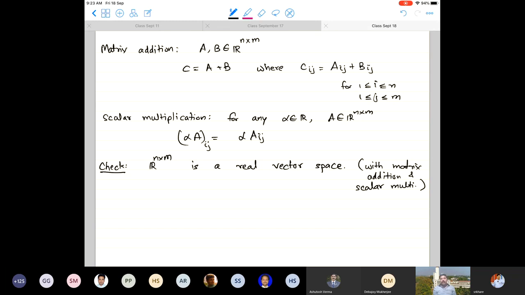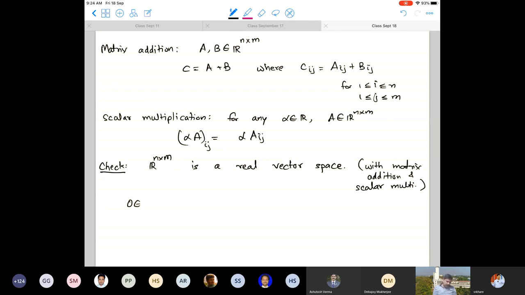Okay, so these are the things that are really very important. So R^(n×m) is a real vector space. Can you see that this is a real vector space? Do you remember those axioms of a certain set being a vector space? The axioms had to do with vector addition and scalar multiplication, right? So you have to go through all those axioms. One of the important axioms in addition is that there exists an additive identity.